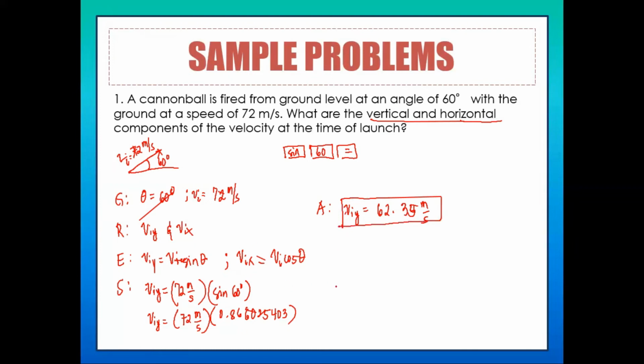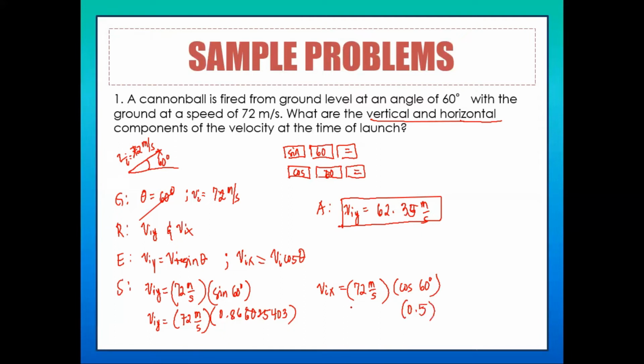Now for solution, v sub ix is equal to v sub I natin na 72 meter per second. Multiply natin sa cos 60 degrees. Okay, so press nyo ulit sa calculator cos. Meron kayo dyan makikita ang key na cos. Then the numerical value na 60. Then equal sign. So cos 60, that gives you 0.5.